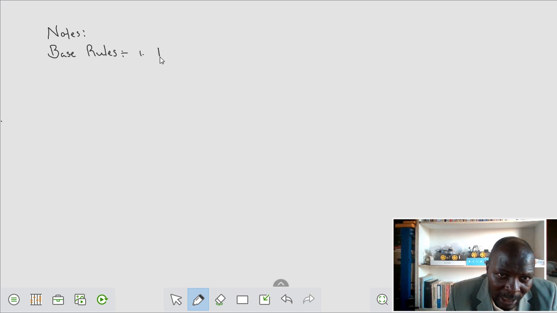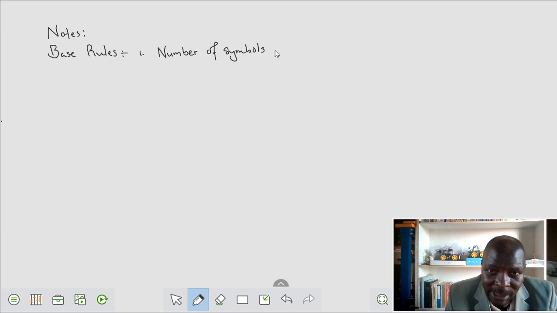We've got the number of symbols. There were 10 for base 10, and there were 2 for base 2. I can't use the rule of induction yet because we haven't done a third random case. But let's say now, number of symbols so far you've seen, and you will continue to see.